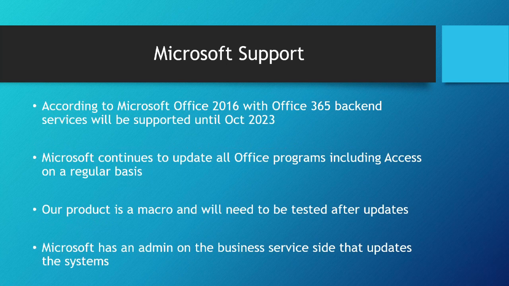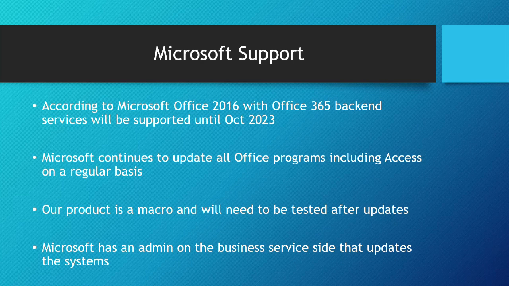And then Microsoft support deals with Access itself. According to Microsoft, Office 2016 with Office 365 backend services is going to be supported until October of 2023. Microsoft continues to update all Office programs, including Access, on a regular basis through various software patches.